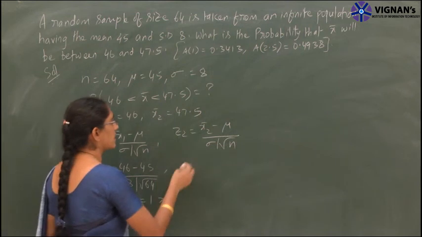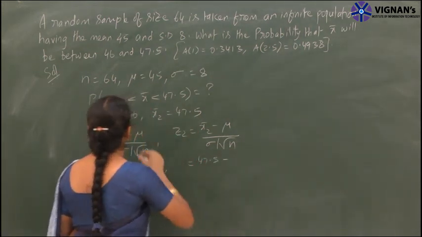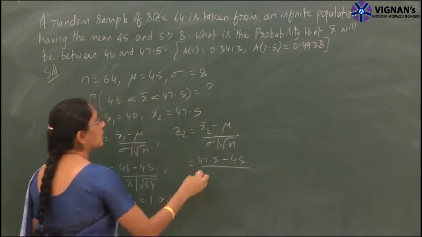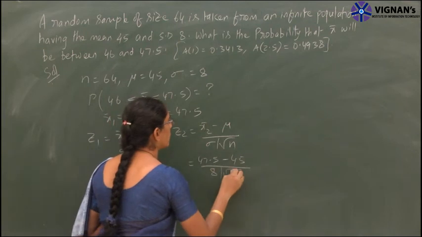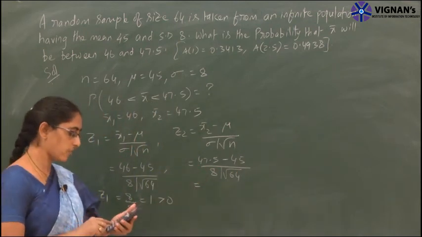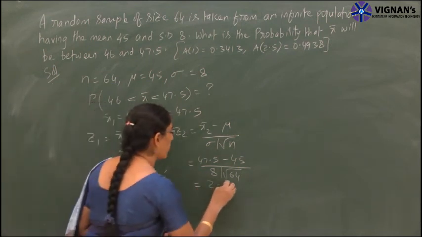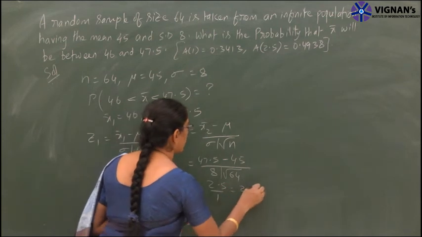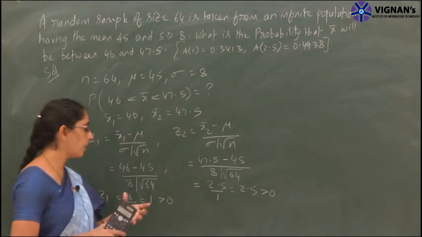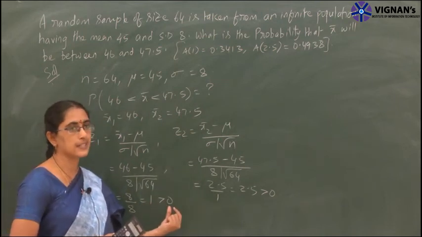Now if you move on to Z2 here, x2 bar means 47.5 minus mu value is 45 by sigma value is 8 by again square root of 64. So 47.5 minus 45 is equal to 2.5. So 2.5 by 1 is equal to 2.5, which is also greater than 0. Now if you consider both the left tail and the right tail are greater than 0 here.